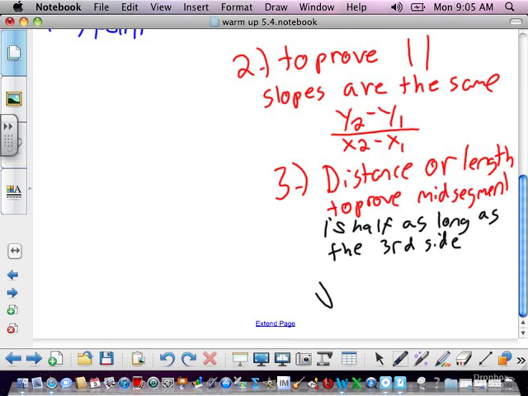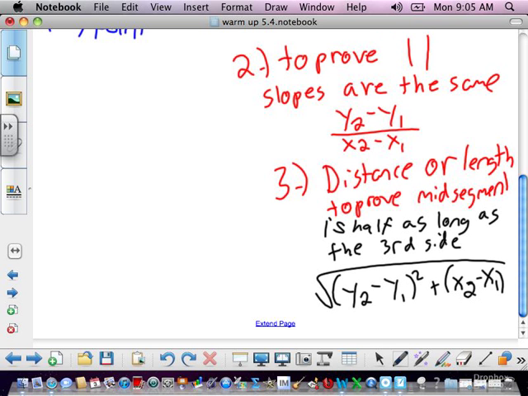And that is the square root of y2 minus y1 squared plus x2 minus x1 squared.